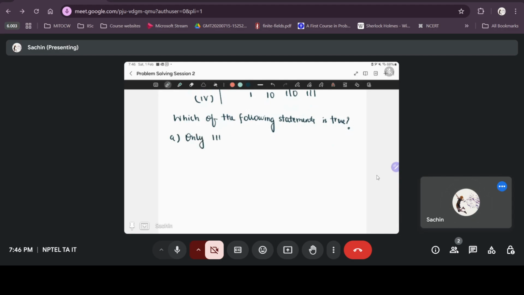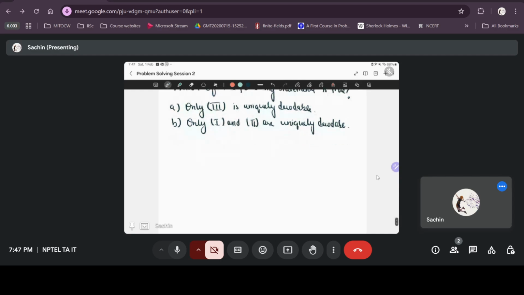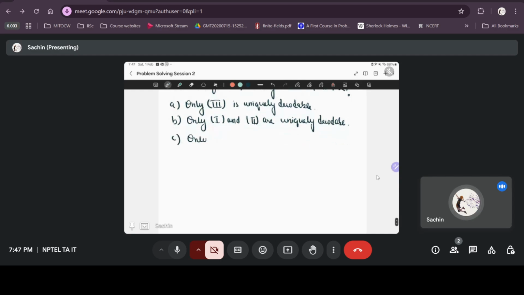Options are: only 3 is uniquely decodable, only 1 and 2 are uniquely decodable, only 3 and 4 are uniquely decodable.